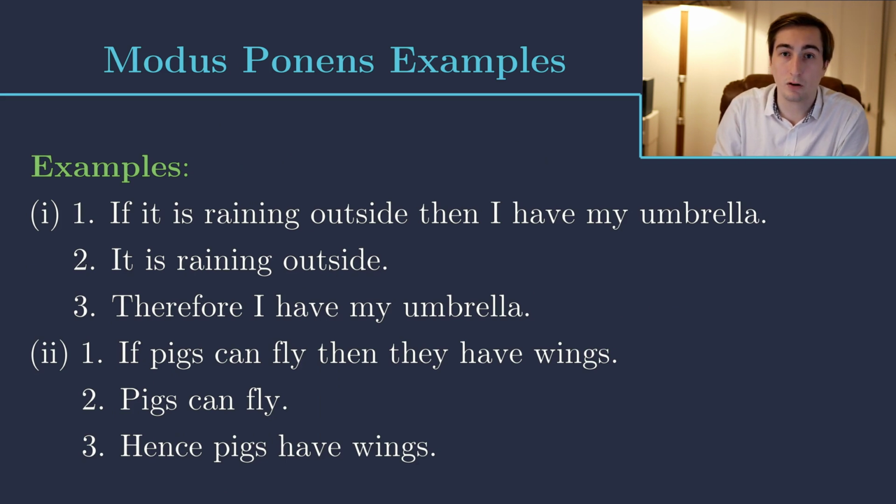This all holds, this overall argument is still valid, but the individual propositions here are actually false. But we've just seen that independent of the values of the propositions, the overall argument of Modus Ponens is always true.